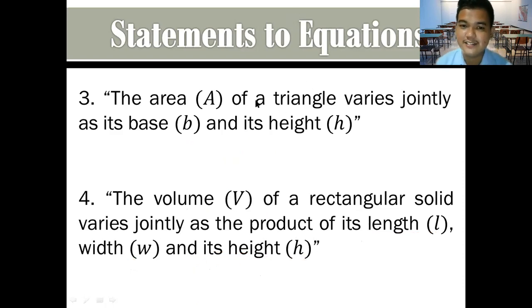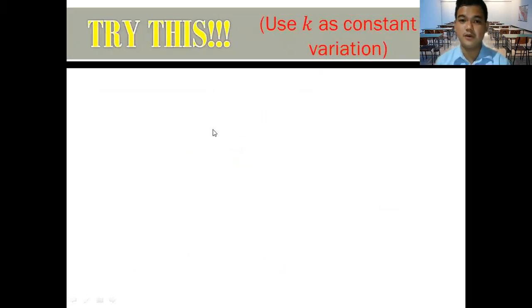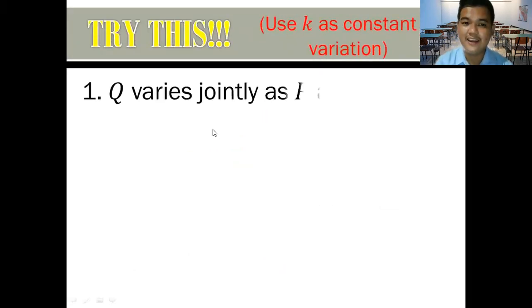Do you understand? Sige. So if you truly understand the concept of translating statements to equation, I want you to try solving this on your notebook. Number 1, Q varies jointly as R and S. Ito pa ha, kapag capital letter yung ginagamit, kasi napansin ko dun sa activity sheet nyo, kapag capital letter yung ginagamit, capital din yung gamitin mo sa equation. Okay? Kapag lowercase naman, lowercase din or maliit na letter din.